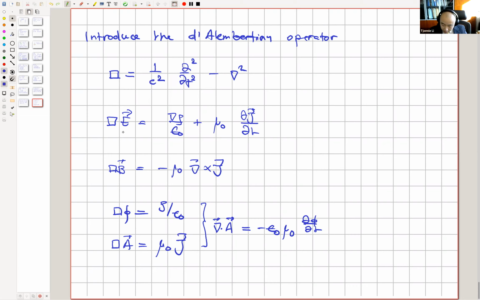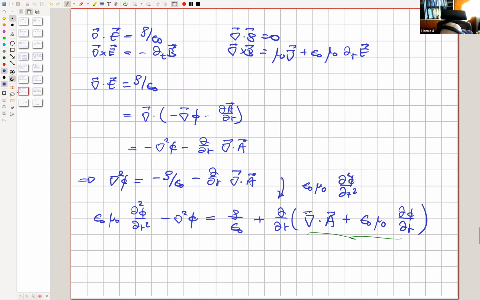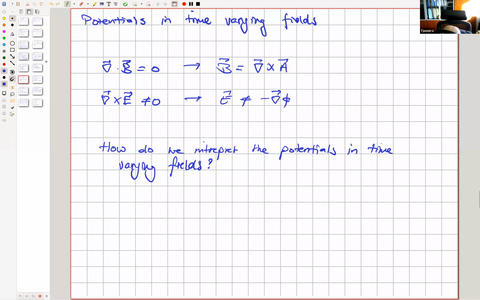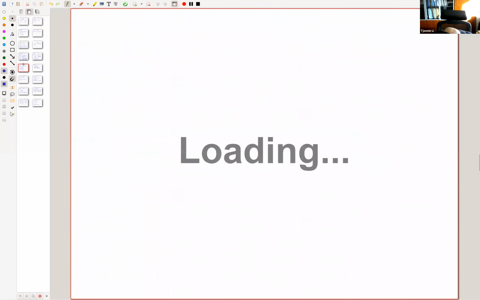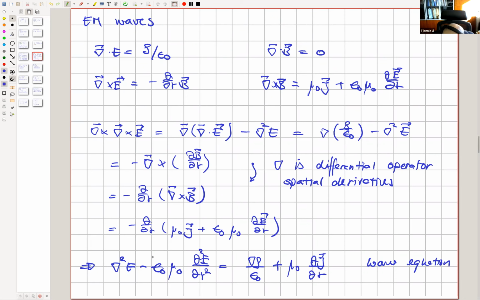If I write this as box E or box B, and I compare it to this equation over here, here is indeed this 1 over c squared. Similarly here, this is the 1 over c squared.